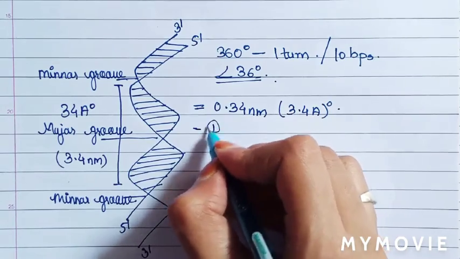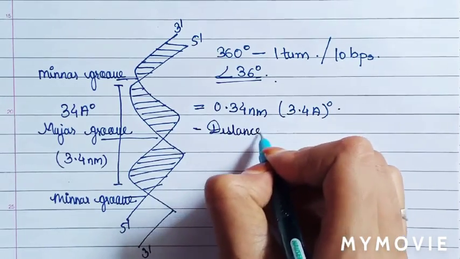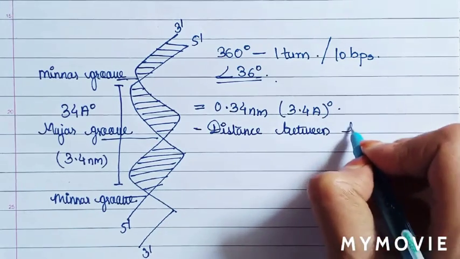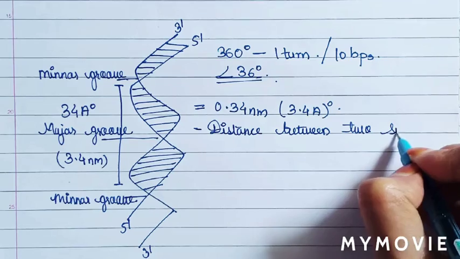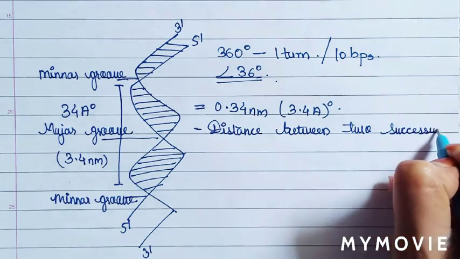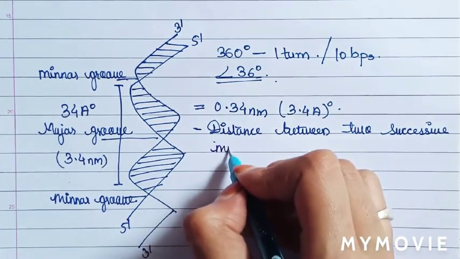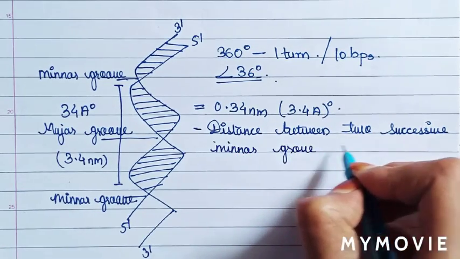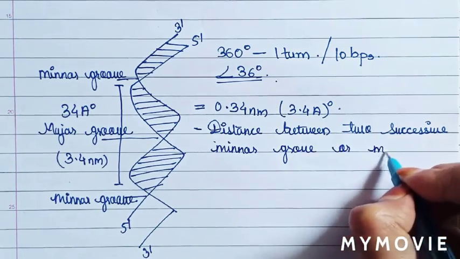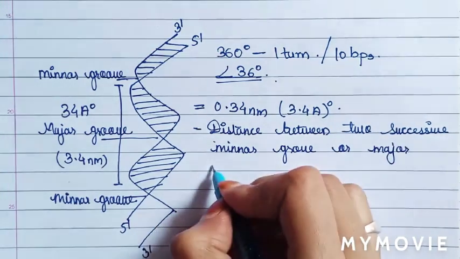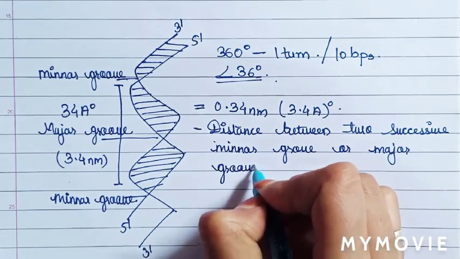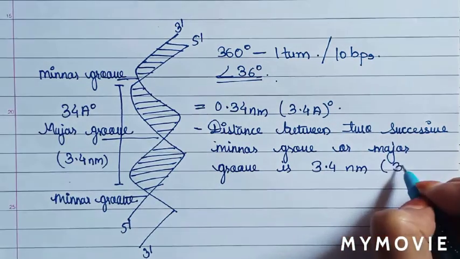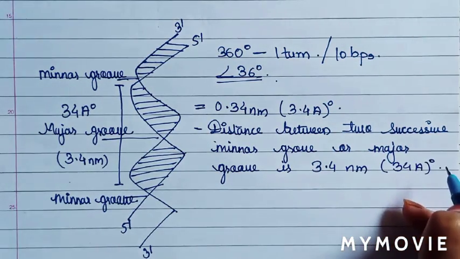So we will write here the distance between two successive minor grooves or major grooves is 3.4 nanometer or 34 angstrom.